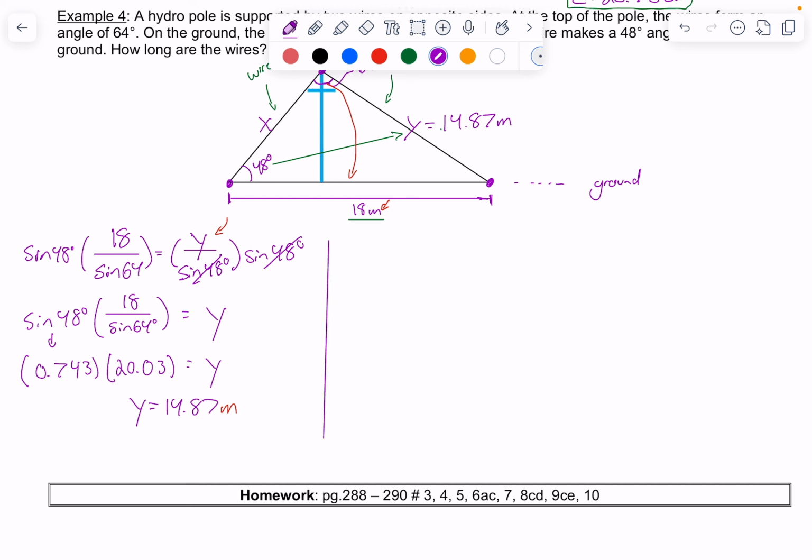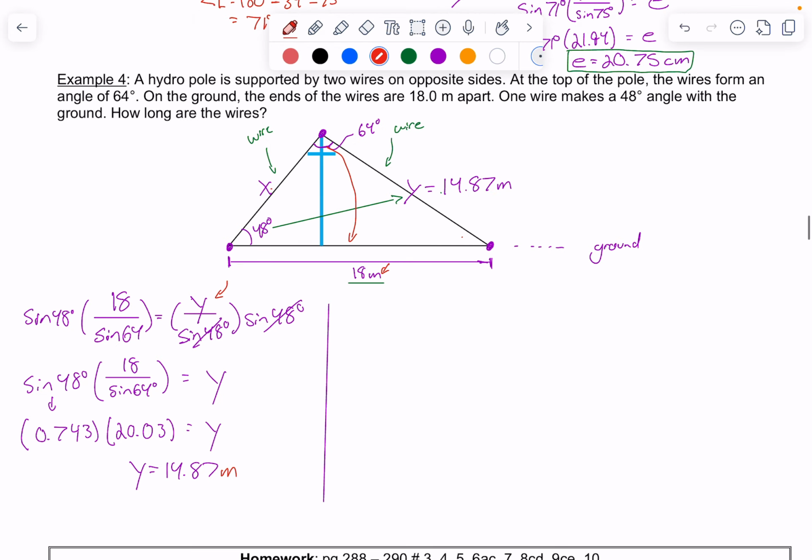In order to do a problem, you need a side length and a known opposite angle. A lot of these problems follow the same pattern, where you eventually have to use the property of a triangle: to get this angle right here, you say 180 degrees, take away all your other known angles.